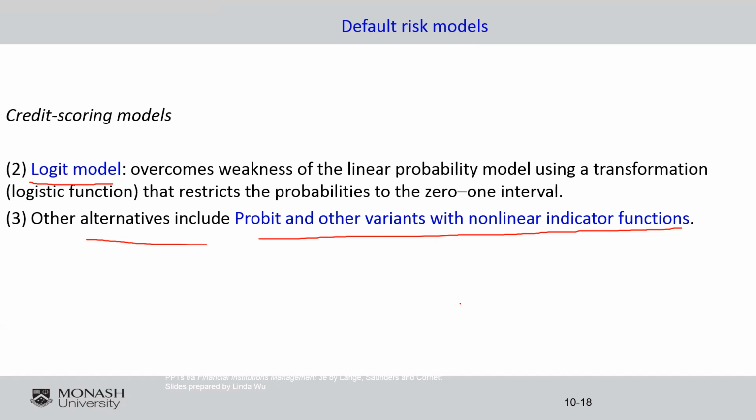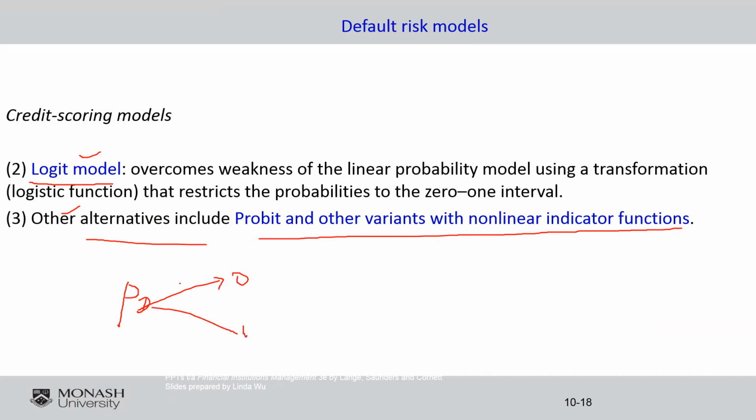What they are trying to do in the Logit model, which we will not talk about, is to restrict statistically the PD between 0 and 1.